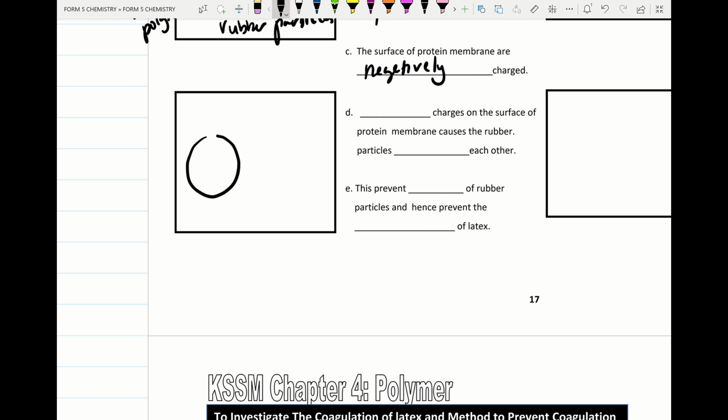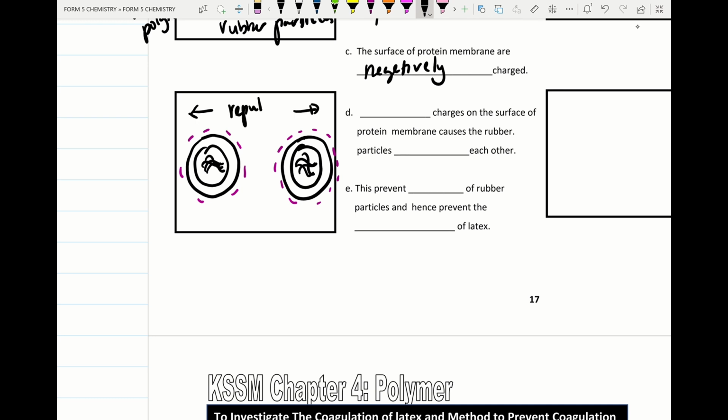So we go for the second diagram. I draw two rubber particles with the protein membrane, and the surface of the protein membrane is negatively charged, so here I put negative charges. Please remember, the like charges, the same negative charges present on the surface of the protein membrane, cause repulsion between the rubber particles. So how to answer this?